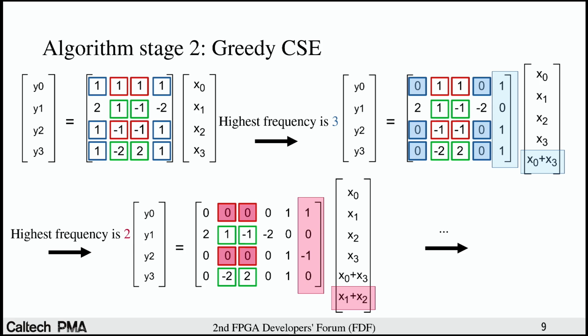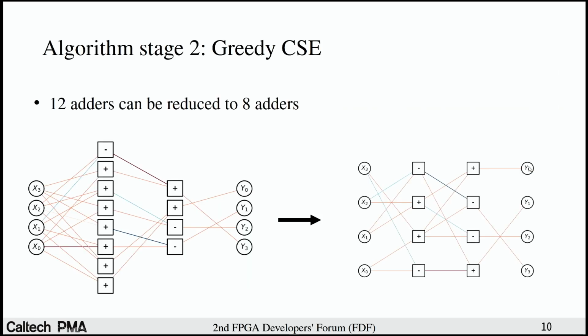The second time, we randomly choose one of the remaining sub-expressions, and just repeat until this is finished. Instead of 12 adders to implement the H264 matrix, we can have only 8 adders instead of 12. And this directly translates to less FPGA resource utilization.